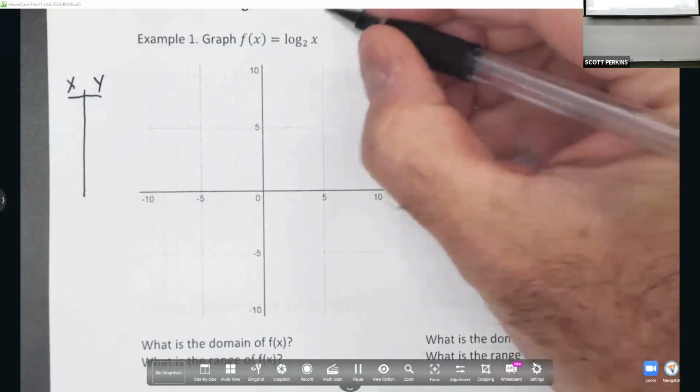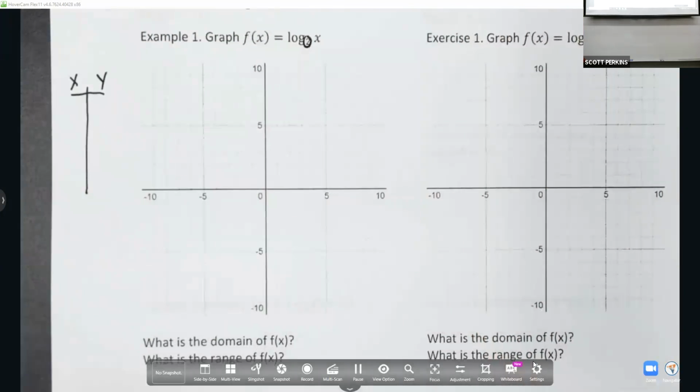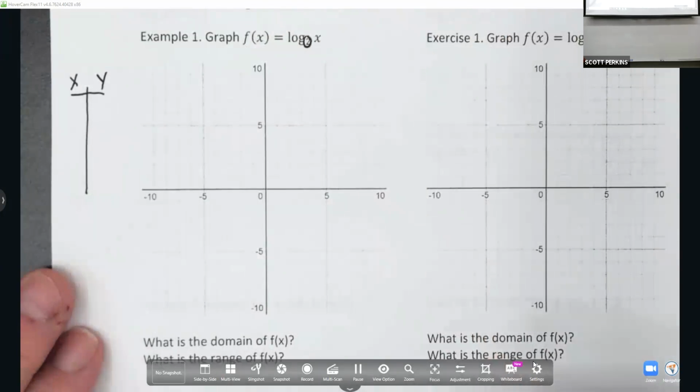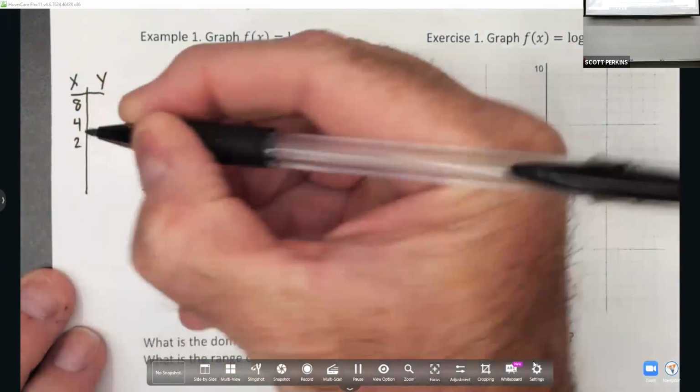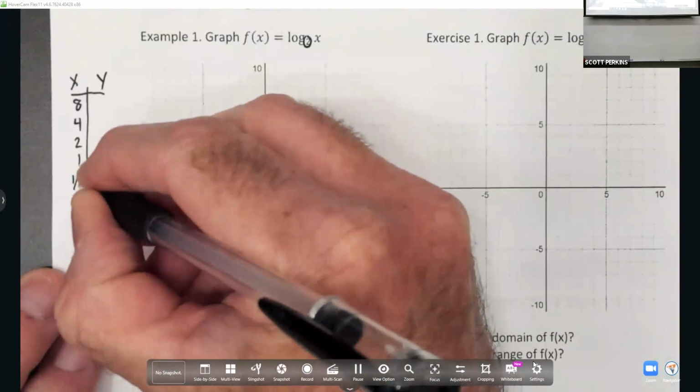When I'm graphing the log base 2 of x, we're going to pick values that have a good log base 2. And since the logarithm is a power, we're going to pick things that are powers of 2. So for instance, I'm going to pick 8, and 4, and 2, and 1, and 1/2.